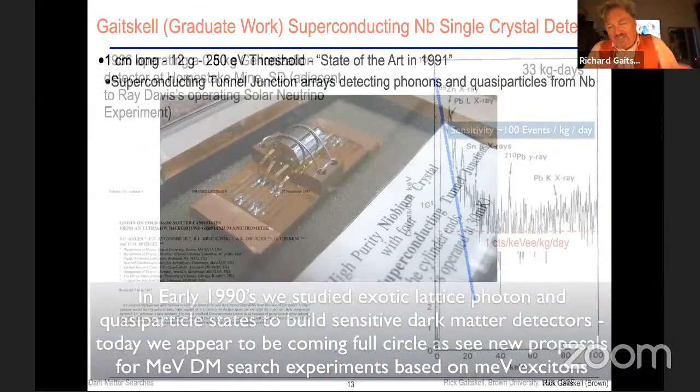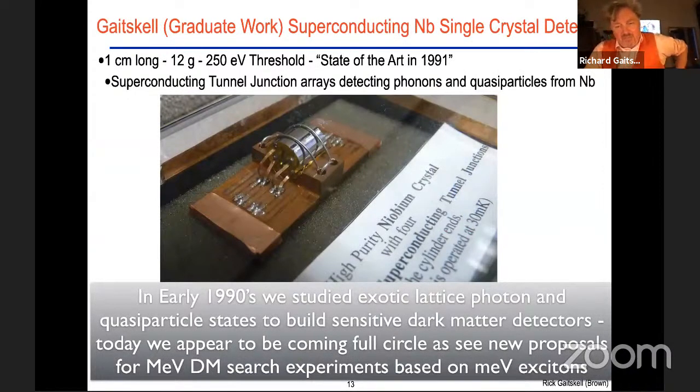Now, one of the things that's happened over time was, we've had to scale up the mass of detectors. At the time I was working as a graduate student in the late 80s and early 90s, this particular detector, which weighed only 12 grams, was considered to be a very exciting dark matter detector.